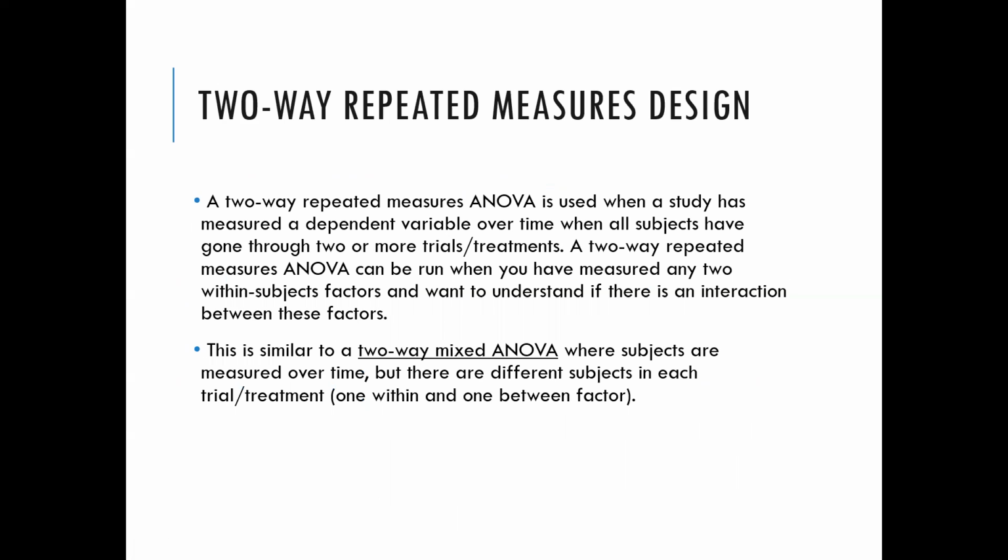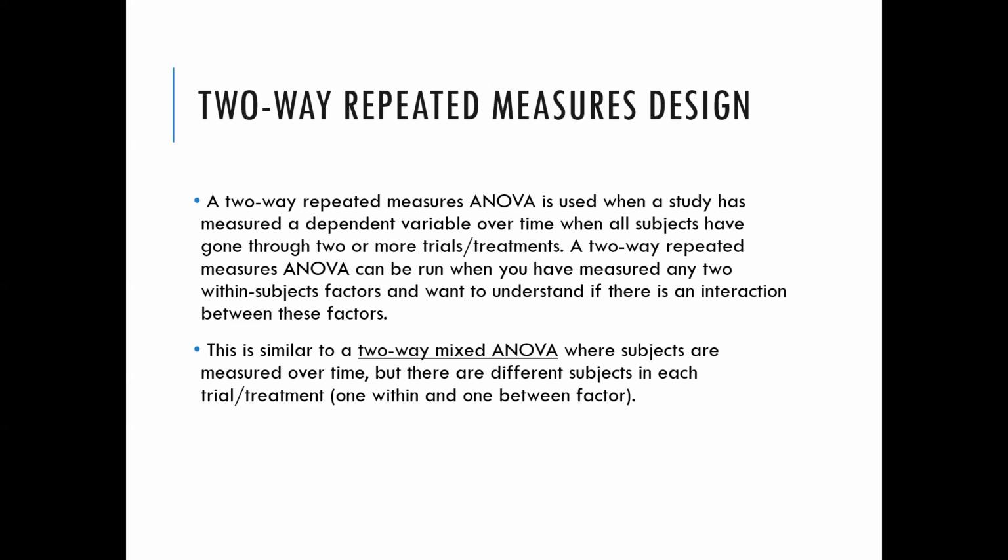What about a two-way repeated measures design? We would use a two-way repeated measures ANOVA if we have a study, for example, that has measured a dependent variable over time when all subjects have gone through 2 or more trials or treatments. So a two-way repeated measures ANOVA can be run when we've measured any 2 within subject factors and want to understand if there's an interaction between those factors.